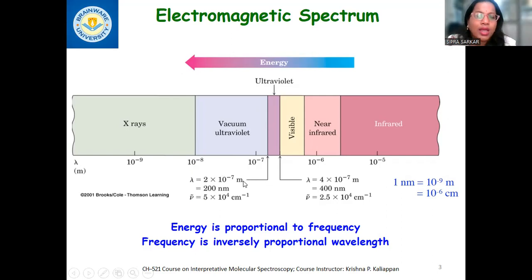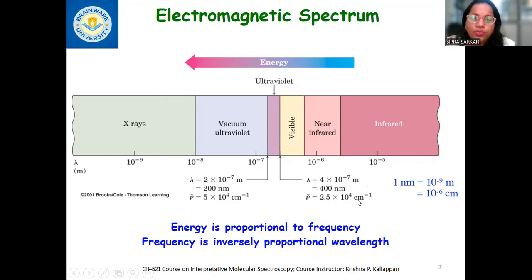And lambda max frequency will be 5 into 10 to the power 4. So 1 nanometer equals 10 to the power minus 9 meter. You have to multiply with them, and as a result you will get results in nanometer.